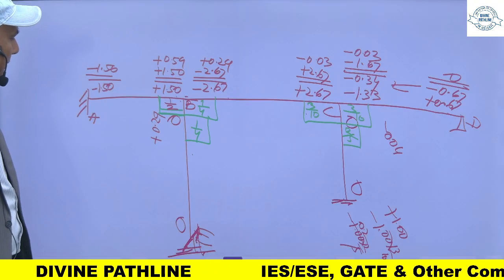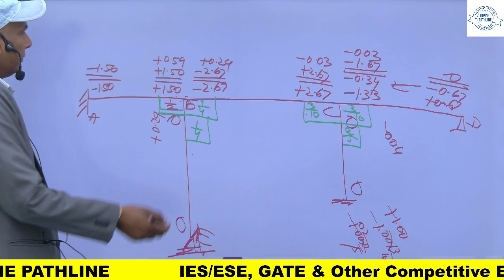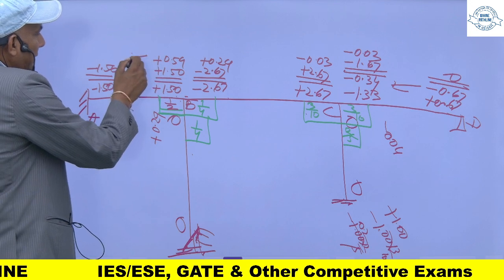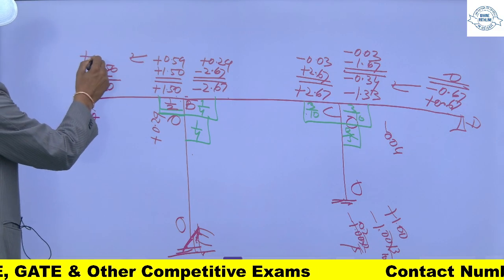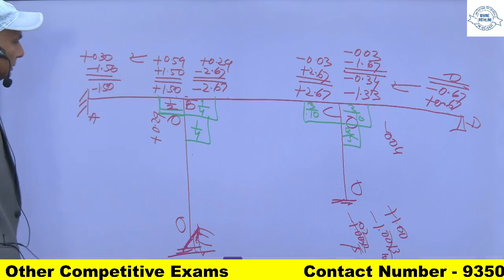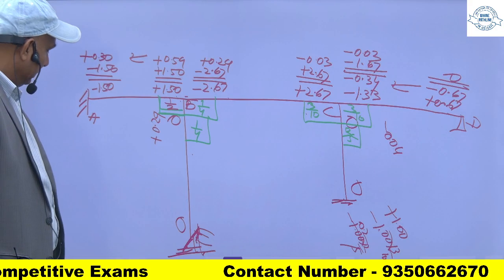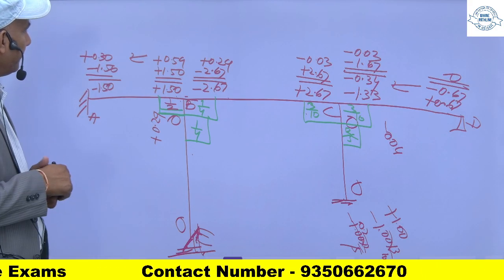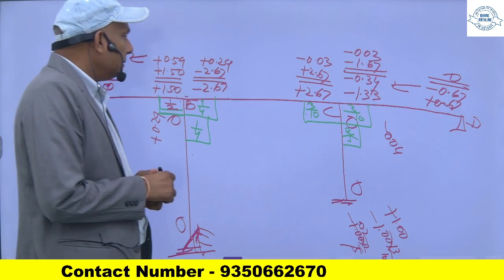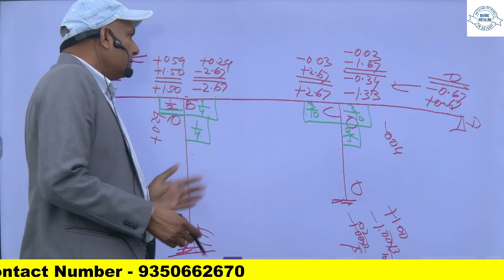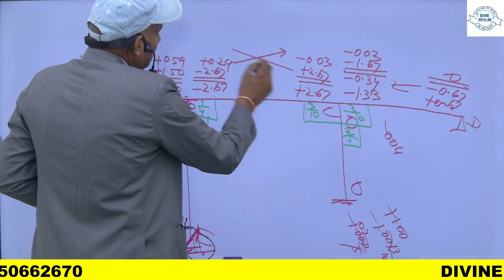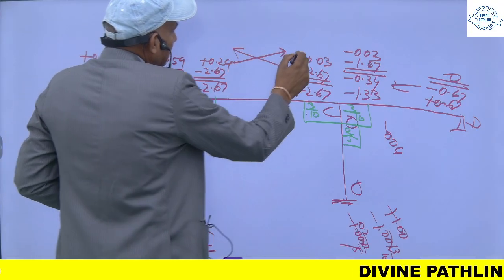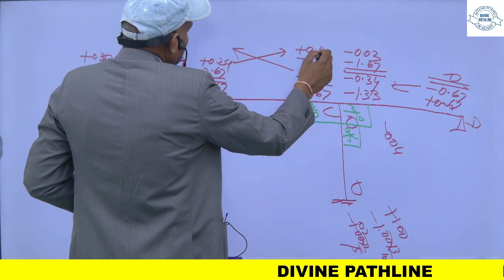And again, when you apply this, half of it will come here. This end is fixed, so half of this you can say 0.30. Now again if you see, this end is fixed, so half of this will come here and half of this will come here, so it will be 0.15.